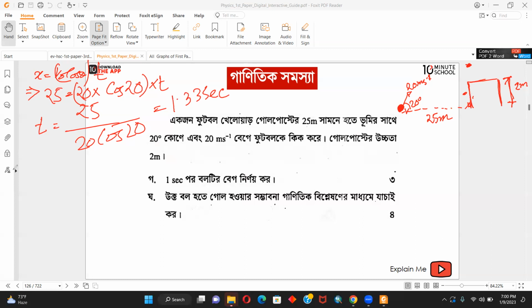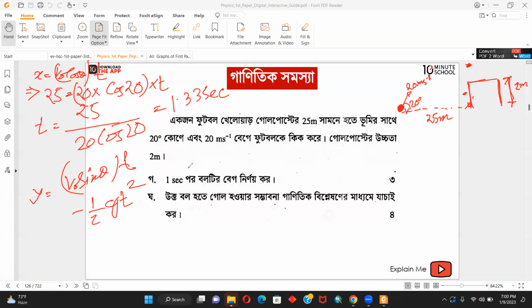Let's see what the vertical height is. So y equals v0 sine theta t minus half g t squared. Why? Because gravitational acceleration is in the downwards direction and velocity is in the upwards direction. That is positive and this is negative, and we will get the value for y.